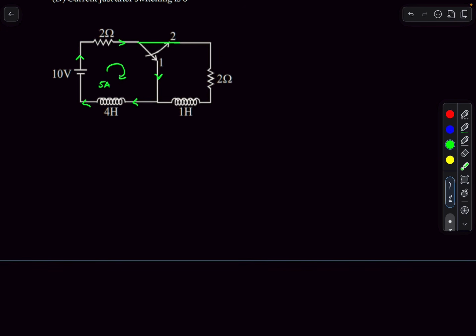So the rule that we always go about preaching, that the current through the inductor before and after switching does not change that much, or does not change at all, is going to be wrong here, because here the current will instantaneously have to change because the circuit is in series. So let's say right after switching, the current is I. So the current everywhere will be I.